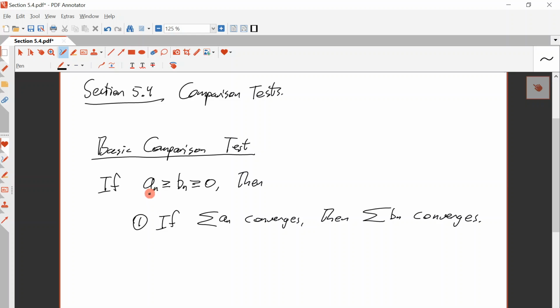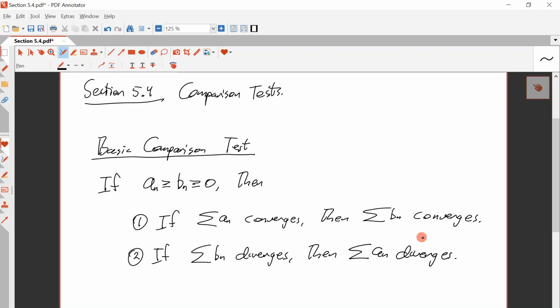So essentially, if this one is finite, so is that one. 2, the other way around: if the smaller one is infinite, then the bigger one must be infinite as well. If the sum of b_n diverges, it must be because it's infinite, because it's a positive term series, then the sum a_n diverges. Okay?